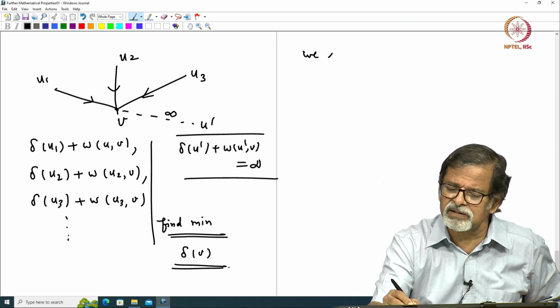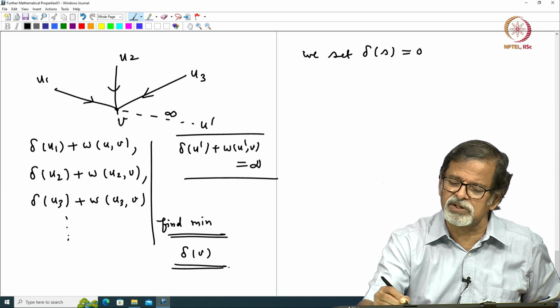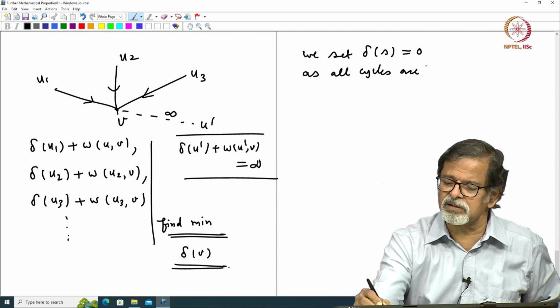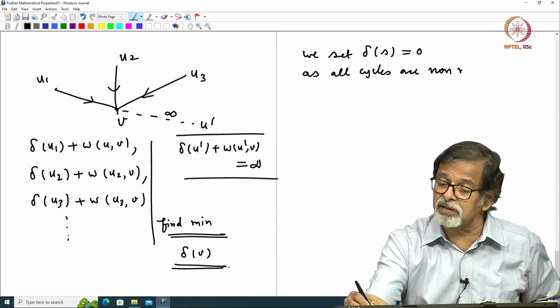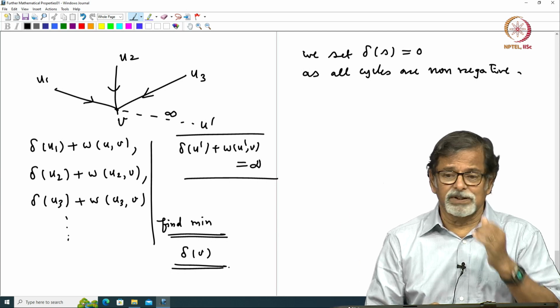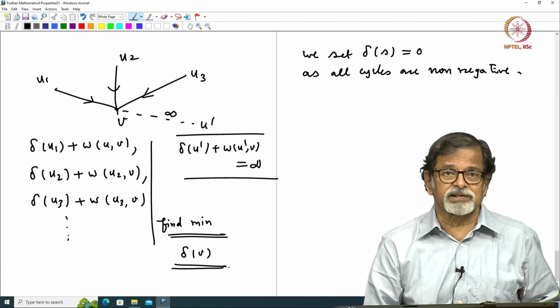We set delta S equal to 0 as all cycles are non-negative. There are no negative cycles. Therefore, we set delta S equal to 0.